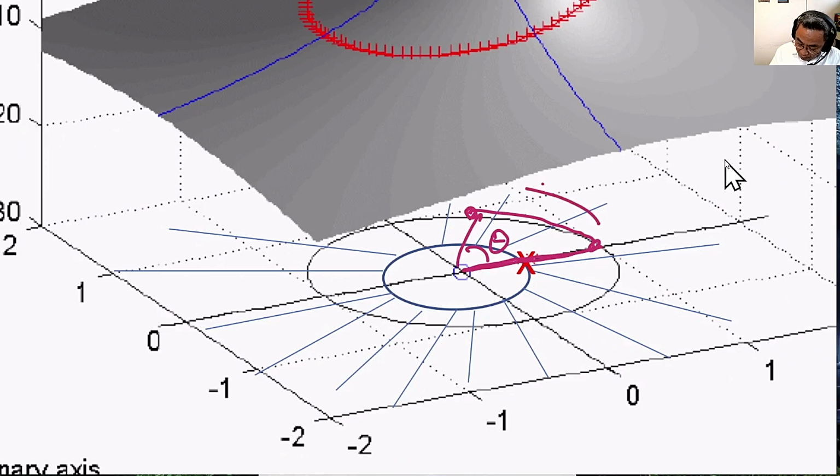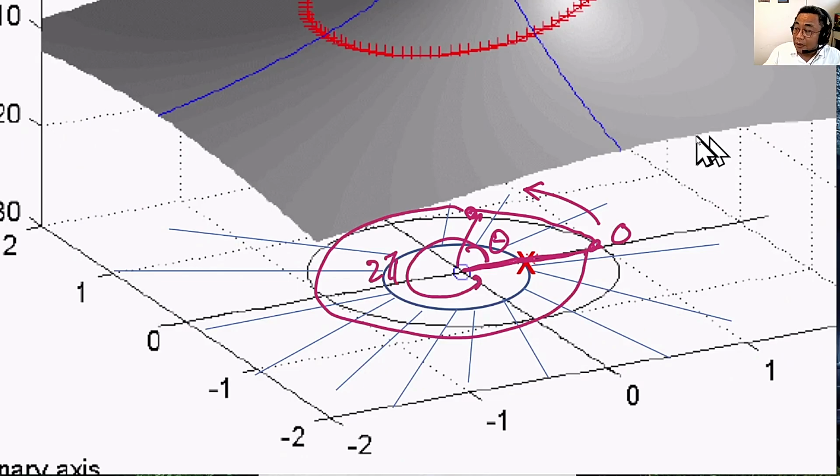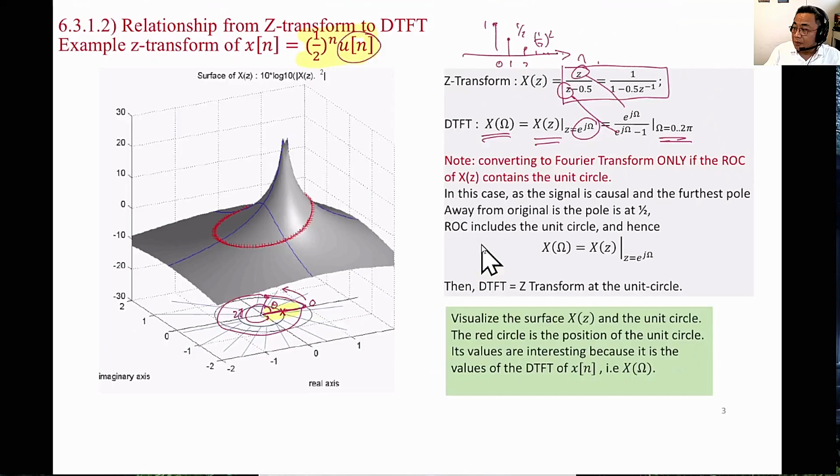So basically when we go, this is the angle 0, and we can go all the way one round, and then when we go one round, this is 2 pi. So the angle theta is anti-clockwise from this real line over here, and this is the theta we are talking about. So 0 to 2 pi is enough, because even if you do more than 2 pi, you are back to theta plus 2 pi, which is the same as theta.